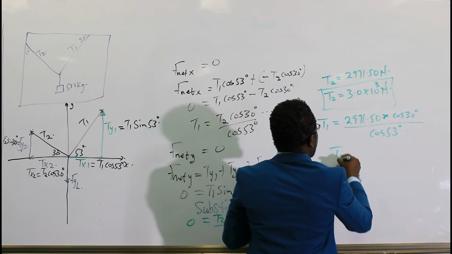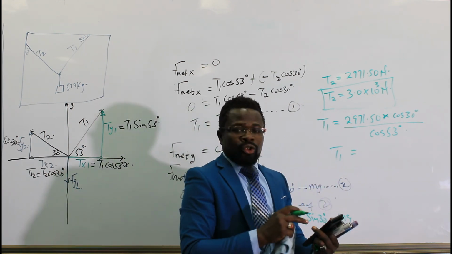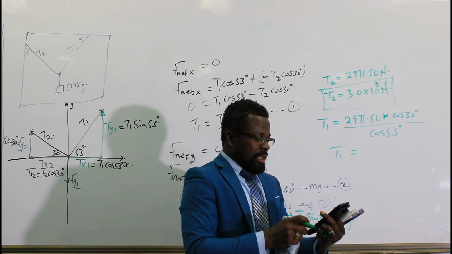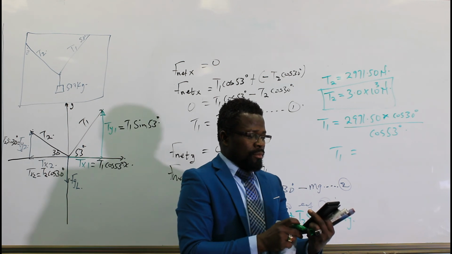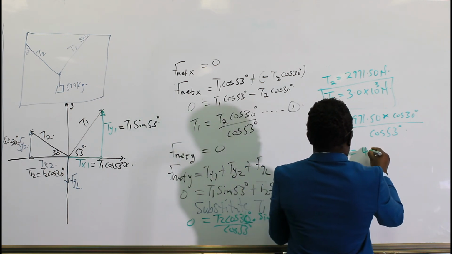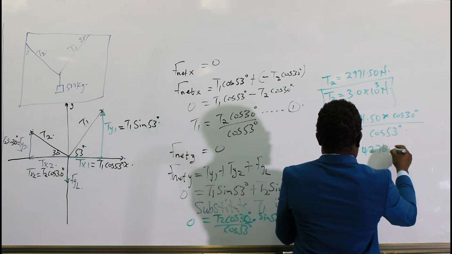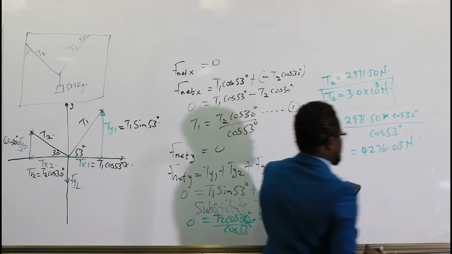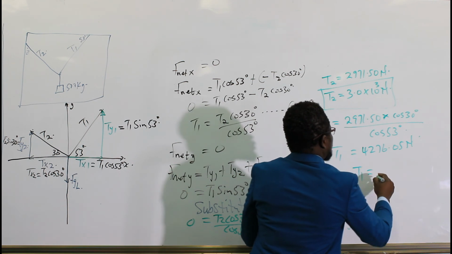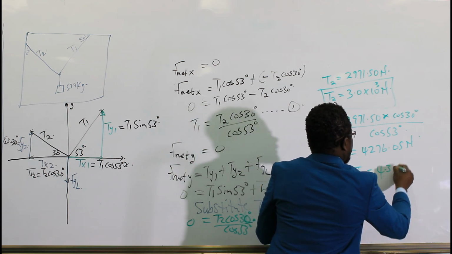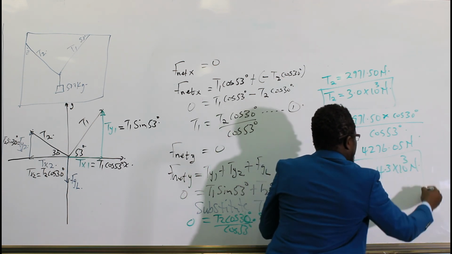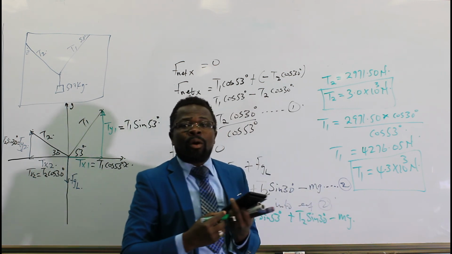Let's see what the value of T1 is. Once we do that, we get 4276.05 newtons. Let's leave this in the correct significant figures: T1 is equal to 4.3 multiplied by 10 exponent 3 newtons. This is also the tension in cable 1.